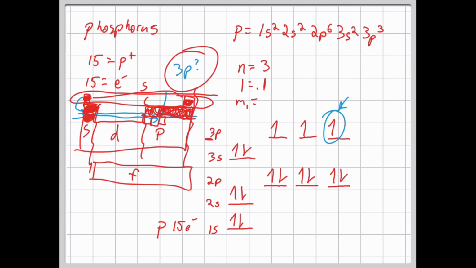And then our M sub L number is going to be either -1, 0, or 1, because it can be from negative L to L. So here would be -1, 0, and 1. In this case it would be -1. And then the spin quantum number M sub S is equal to, and we're going to say +1/2. But whether it's +1/2 or -1/2, it doesn't matter, because up and down are all relative terms.